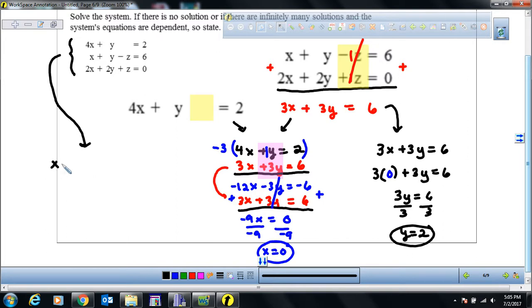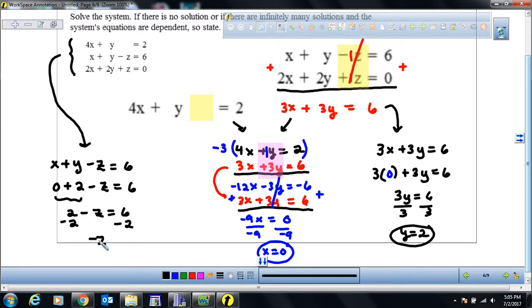It's x plus y minus z equals 6. We already know that x is 0, y is 2, so 0 plus 2 is just 2, minus z equals 6. Subtract the 2 from both sides, so you get negative z equals 4. Then we divide by the negative on both sides, and that gives me z equals negative 4.